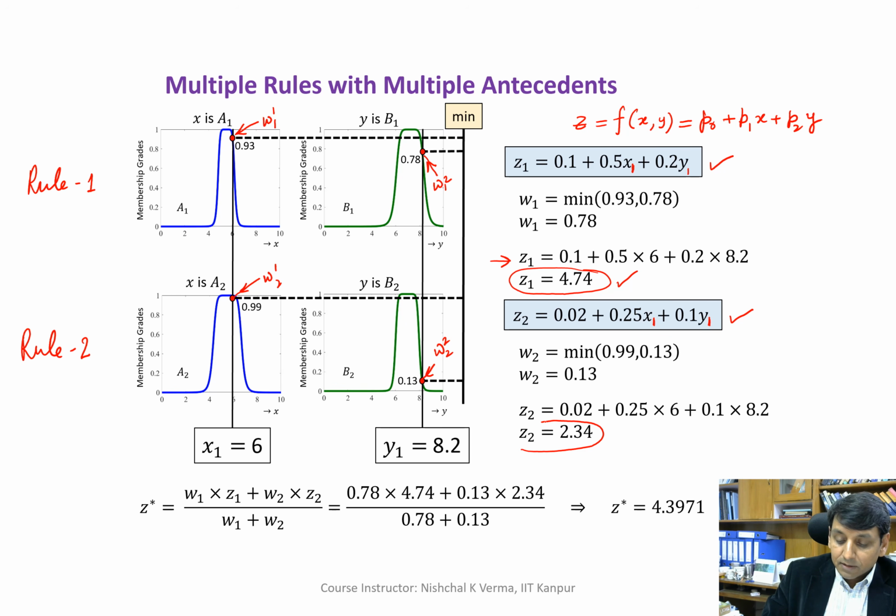You can see here. And how do we get this? We already have Z2 is equal to 0.02 plus 0.25 x1 plus 0.1 y1.